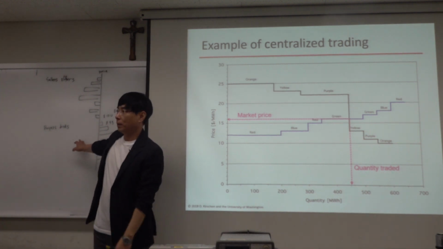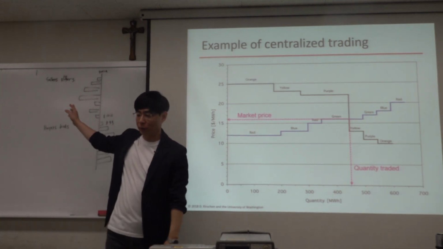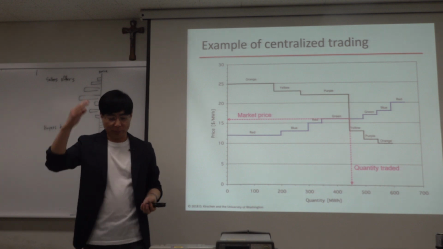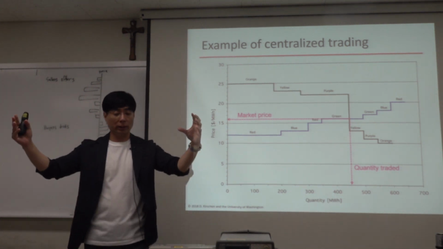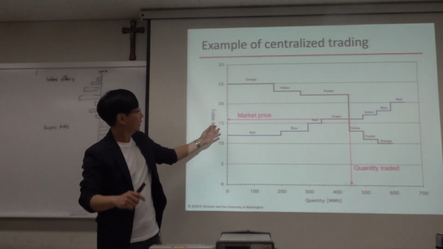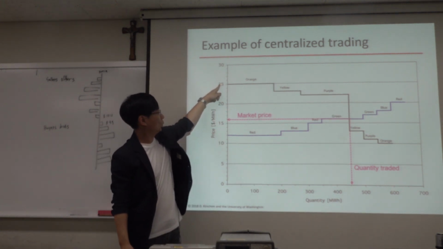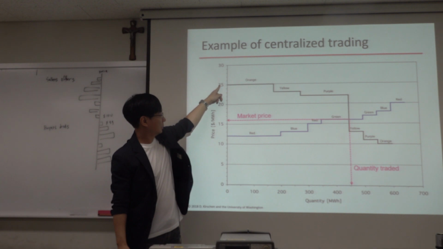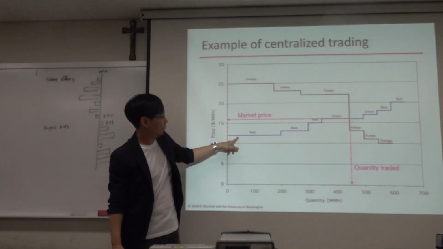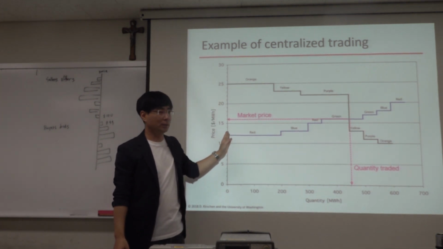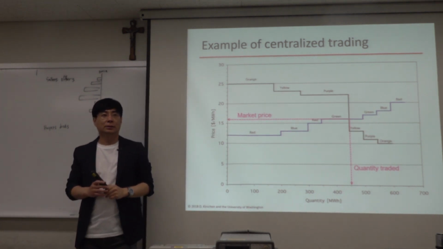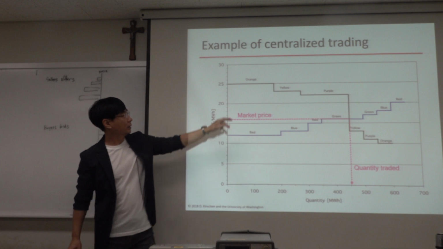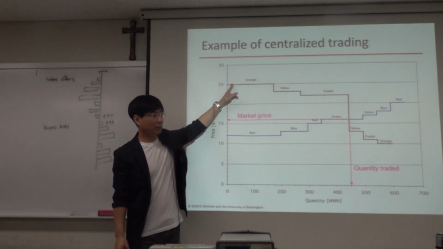In bilateral trading, the price changes, and that depends on the two parties. But here, this guy is willing to pay $25. This guy is willing to get only $12, and the market clearing price is $16. Then this guy would be very, very happy.